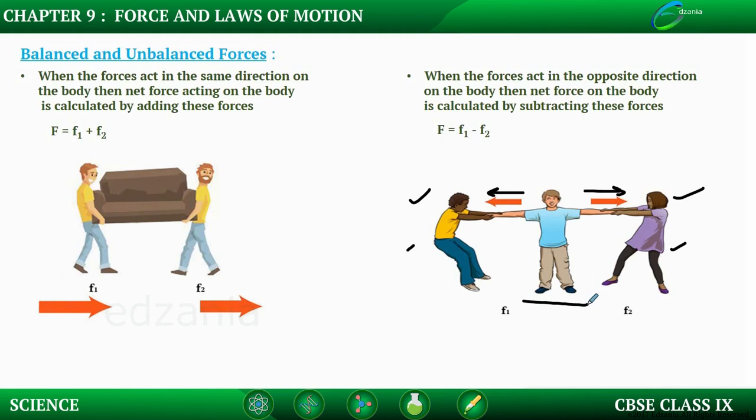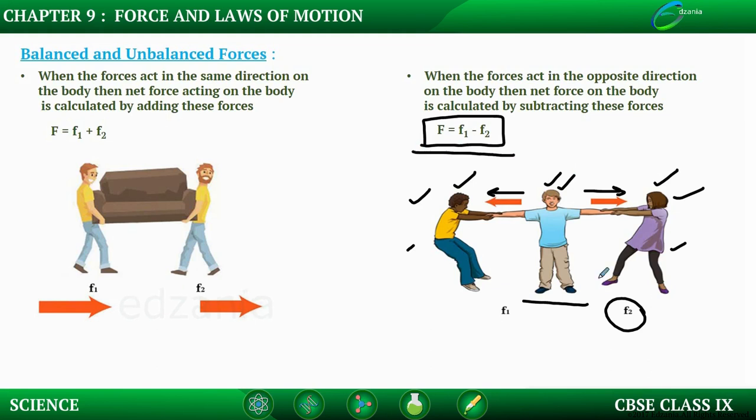Therefore, the net force will be calculated by subtracting these two forces. Say F1 is the force applied by this boy on this man, and F2 is the force applied by this girl on this man. Then, the net force we get is equal to F1 minus F2.